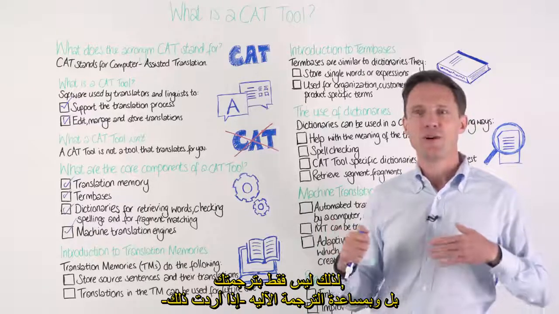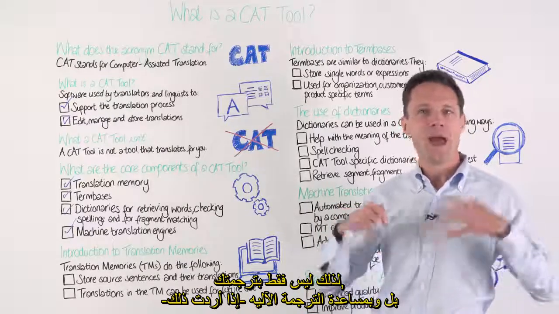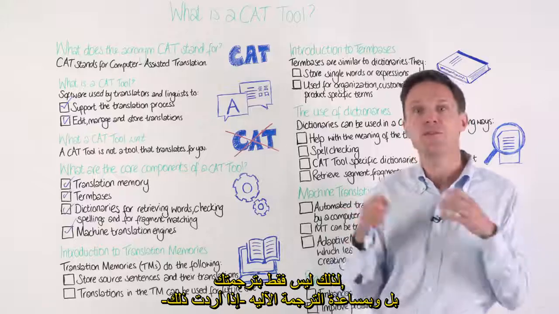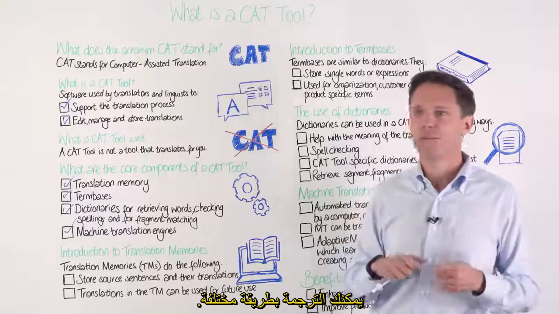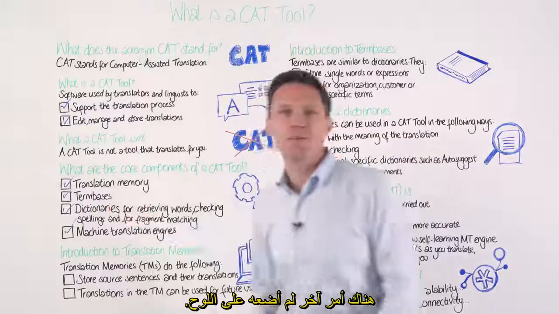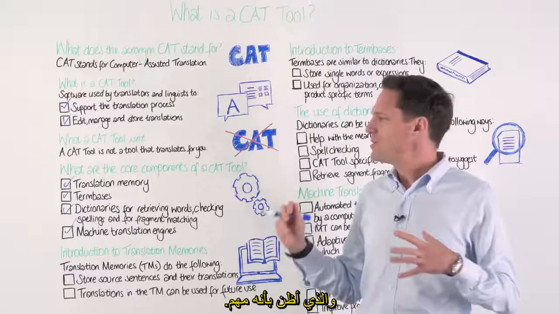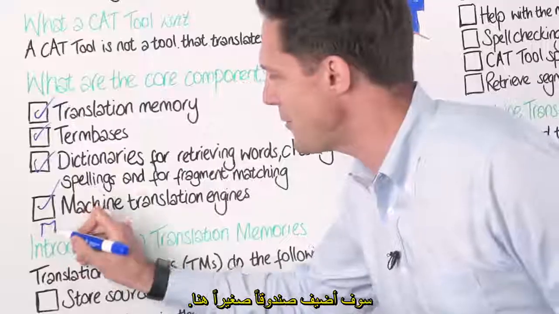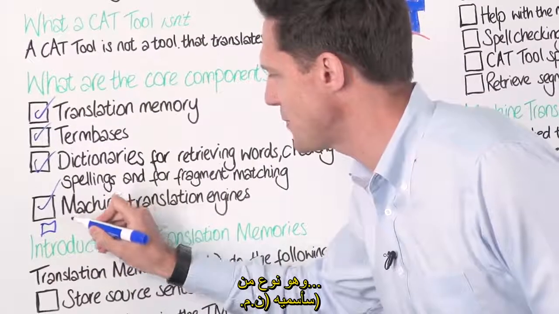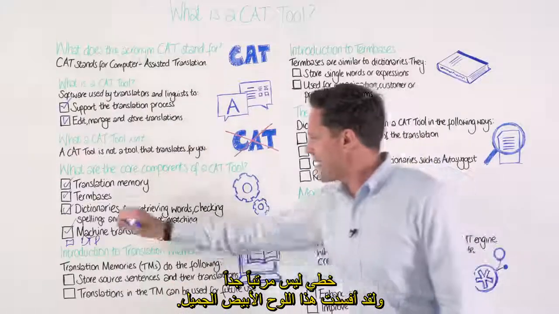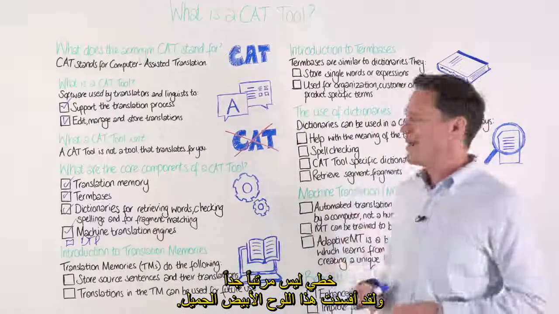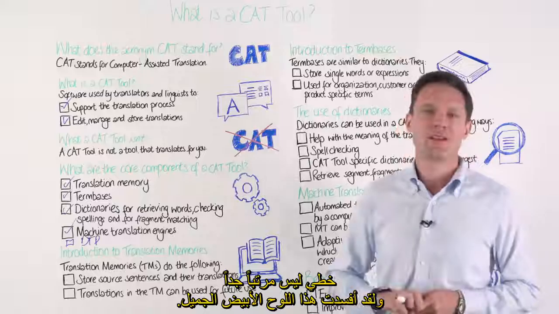So with not only your own translation, but with the help of machine translation, if you want to, you can translate in a different way. There's one more thing that I haven't put here on the board, which I think is important. I'm going to add a little box, which I'm going to call DTP.